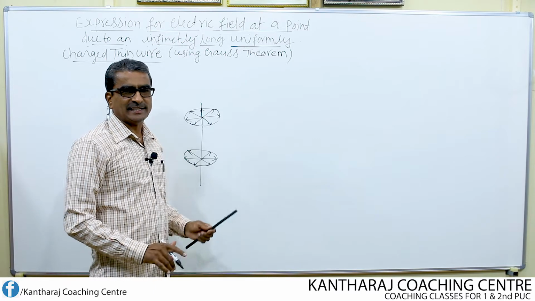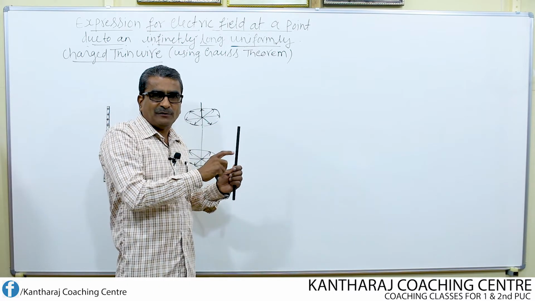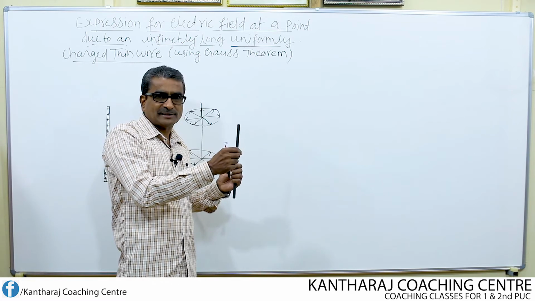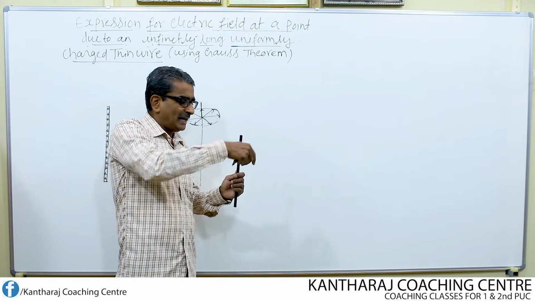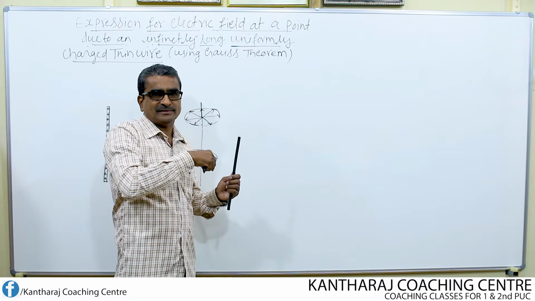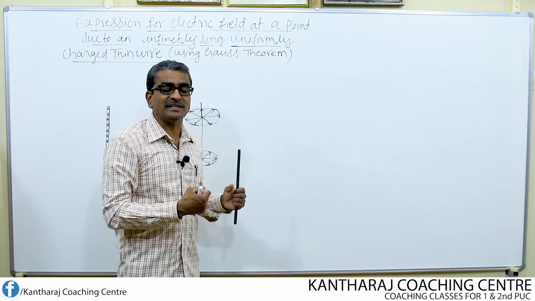So what does it indicate? All around this wire, the electric field at the same distance is found to be the same in magnitude, and it has one symmetry. The field has symmetry. What type of symmetry is it? It is nothing but cylindrical symmetry.